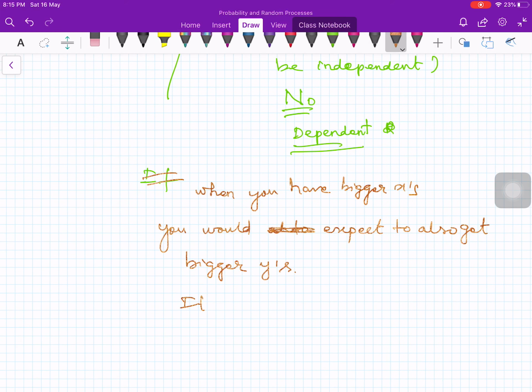Therefore it would be the case or family of dependent normals.